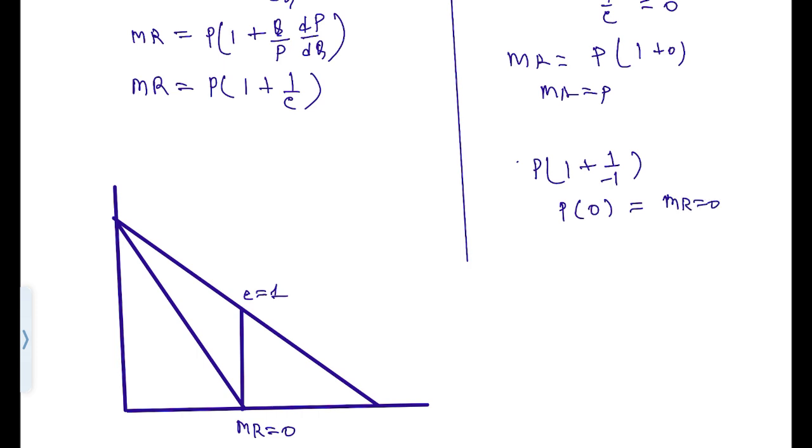Here the absolute value of elasticity of demand is less than 1, and above this point the elasticity of demand is greater than 1. That is why the firm doesn't operate in the inelastic region. In the inelastic region marginal revenue is 0 or even negative, so it doesn't make any sense to produce there.